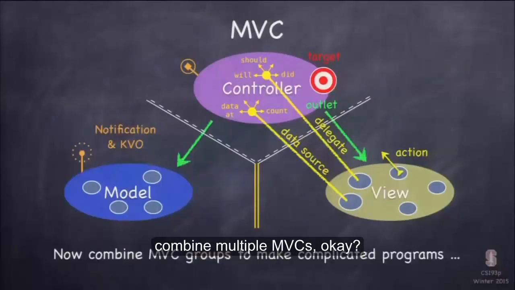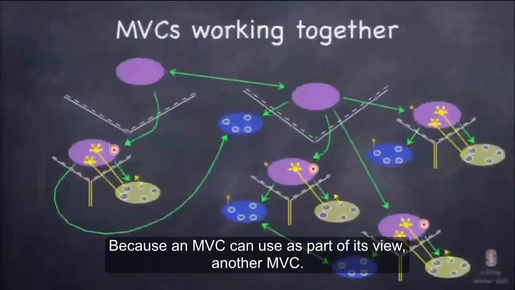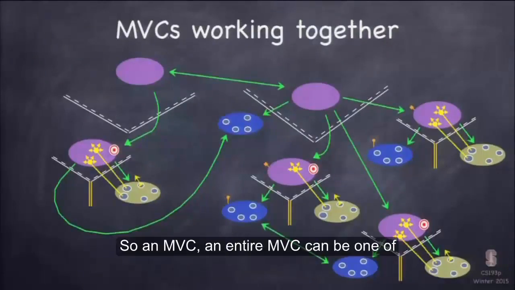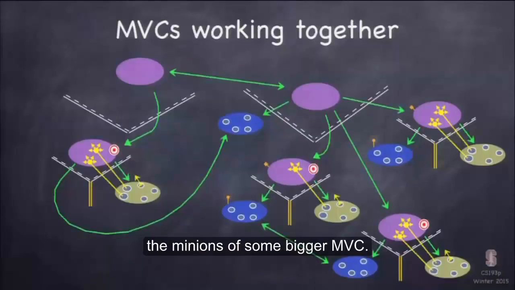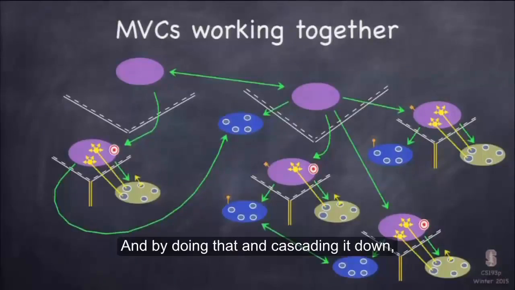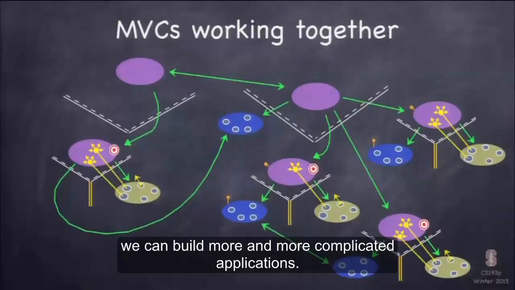Well, we're essentially going to combine multiple MVCs, okay? Because an MVC can use another MVC as part of its view. So an entire MVC can be one of the minions of some bigger MVC. And by doing that and cascading it down, we can build more and more complicated applications.